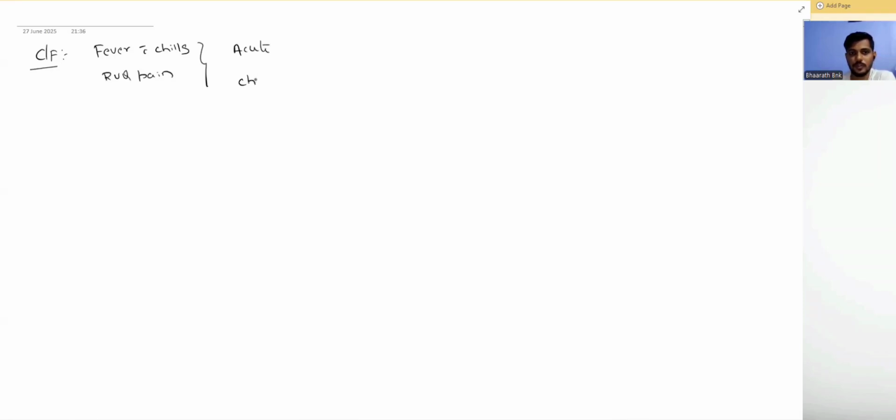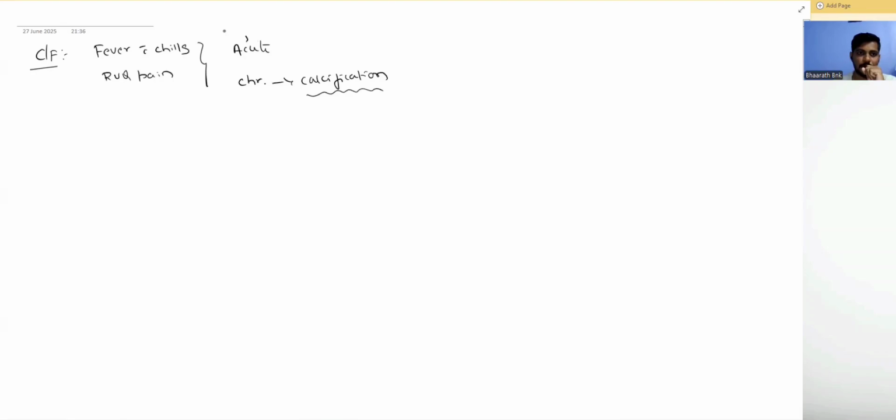Sometimes there could be a chronic presentation also, because if there is an abscess and the body is effectively able to limit the spread of this abscess, a fibrous tissue is formed around this abscess, and this fibrous tissue will slowly become calcified. So there can be even calcified abscesses also. These patients will not have any symptoms apart from occasional abdominal pain, right?